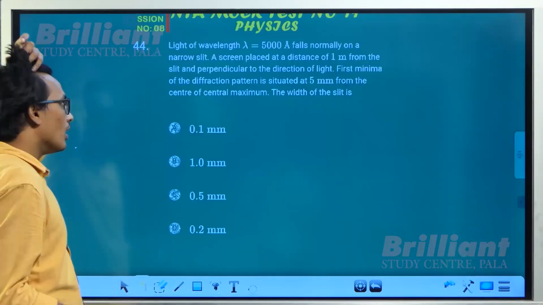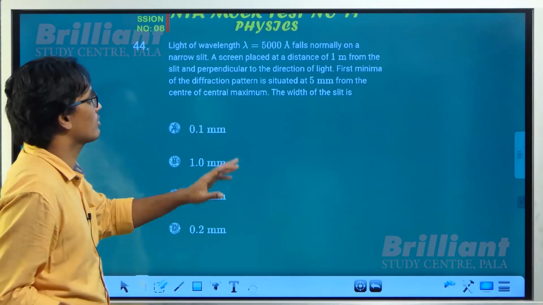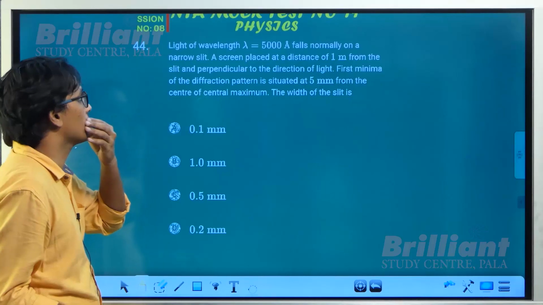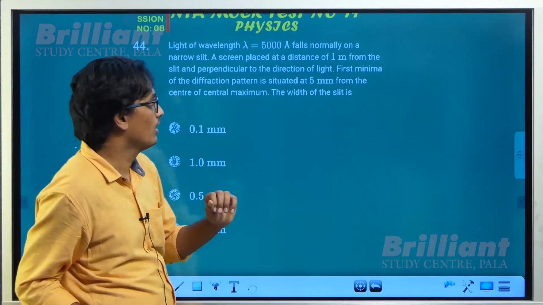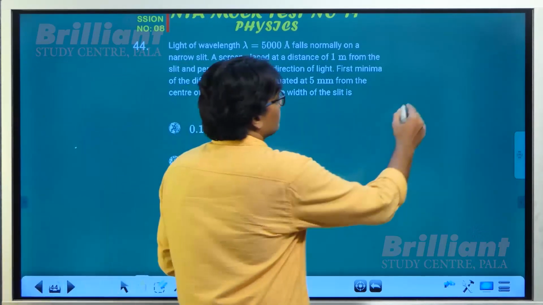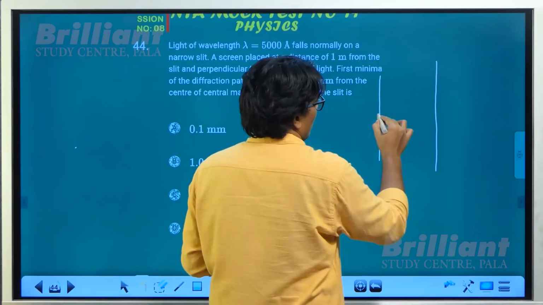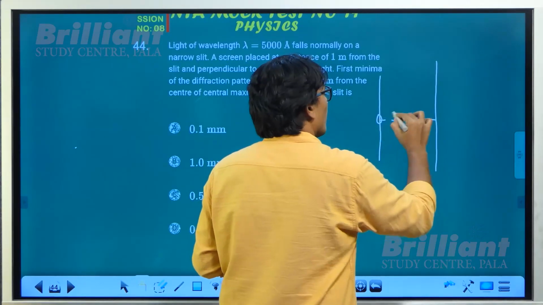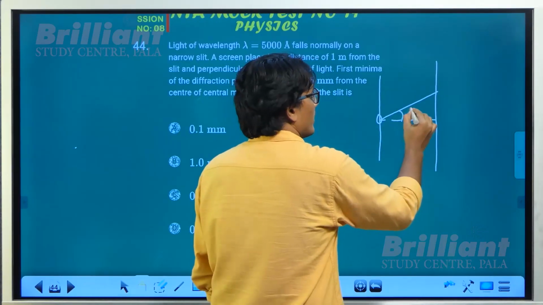Light of wavelength falls normally on a narrow slit. A screen is placed at a distance of 1 meter from the slit, perpendicular to the direction of the light. The first minima of the diffraction pattern is situated at some distance. So you have a slit. This angle is theta.